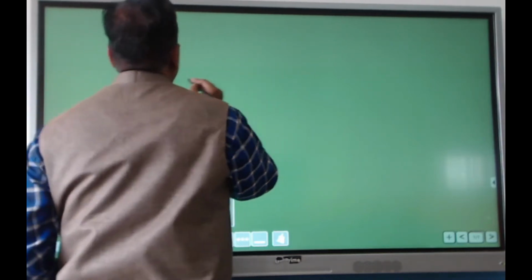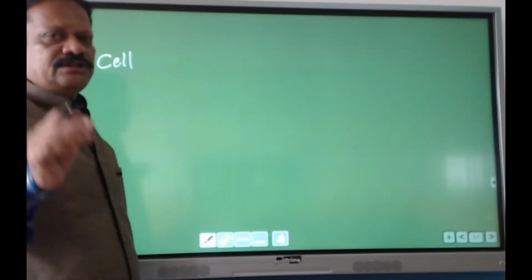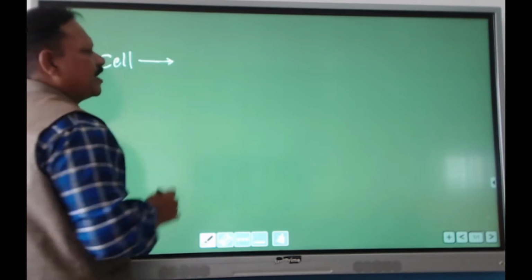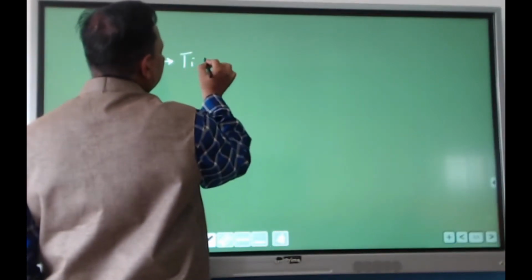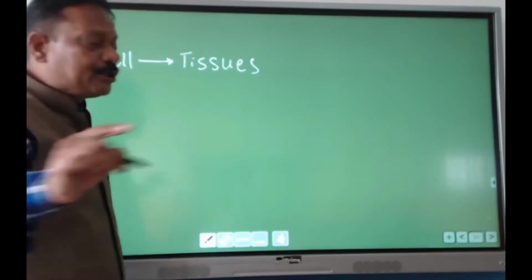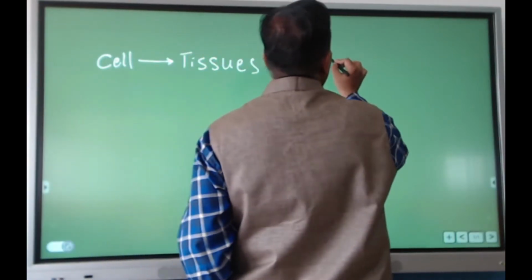Okay. Now first the cell. Now cells are combining together to form tissues. The tissues combine together to form the organ.